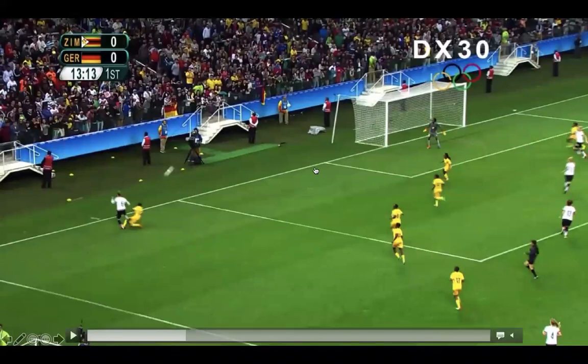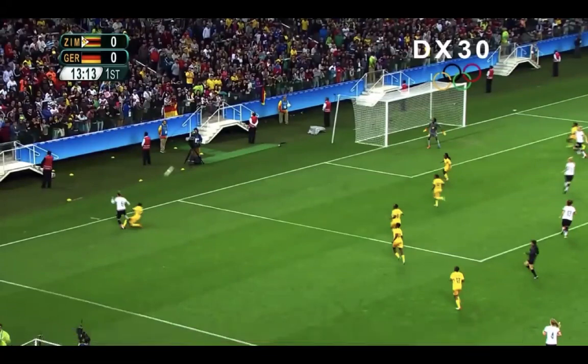This would be a direct free kick and a red card for endangering the safety of an opponent. Any other questions?